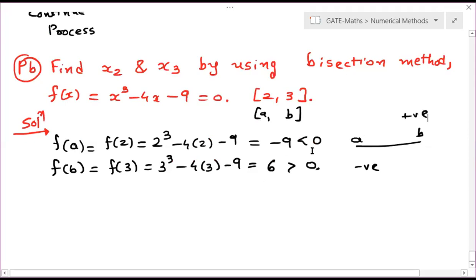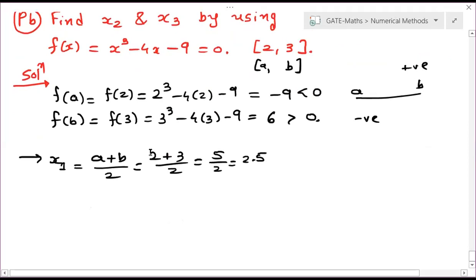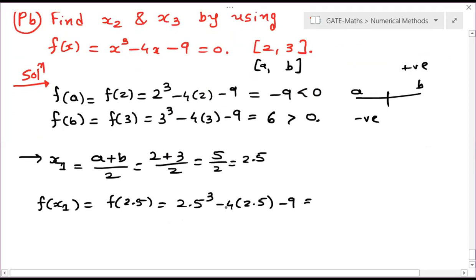Now our first approximation x1 from the bisection method is (a plus b) by 2, so it is (2 plus 3) by 2, which is 5 by 2, 2.5. Now let us find f of 2.5, our bisected point. So f of x1 is f of 2.5, which is 2.5 whole cube minus 4 into 2.5 minus 9. You can find this from the calculator. You will get minus 3.375, which is negative, less than 0.